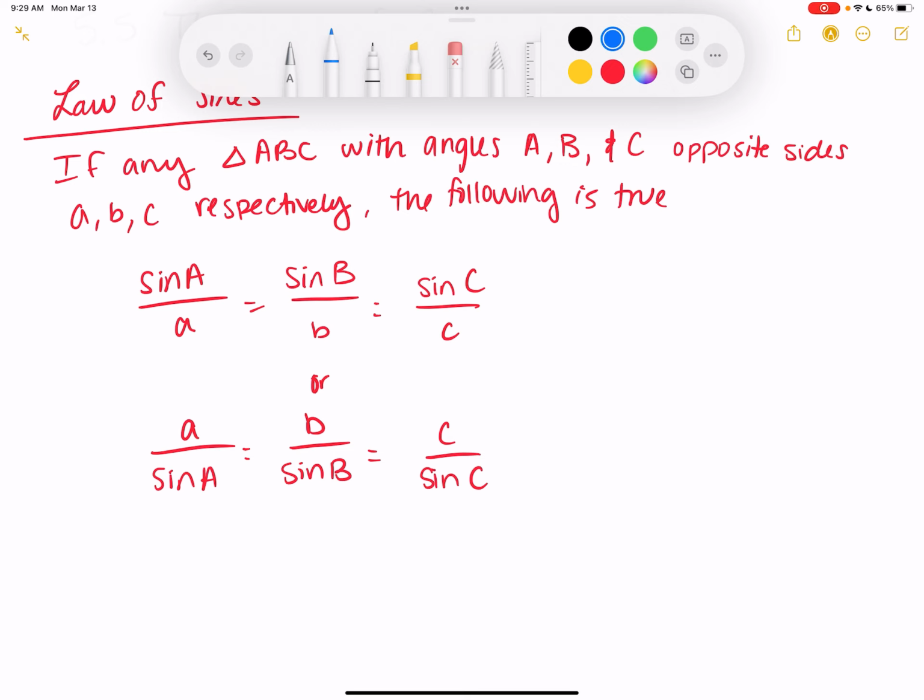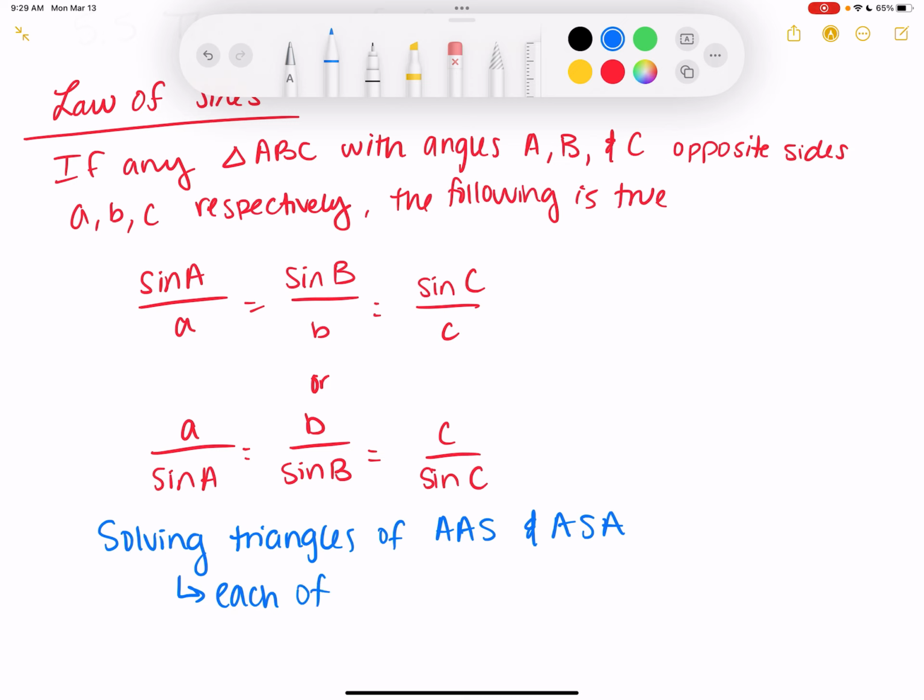So, you'll remember back to geometry when you had side, side, side, side, angle, side, angle, all those fun things. If we're solving triangles of the form angle, angle, side, and angle, side, angle, each of these cases forms one triangle.